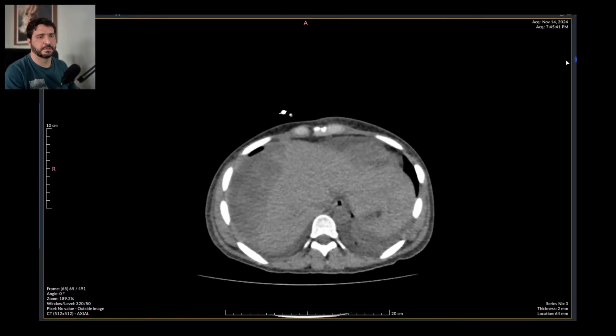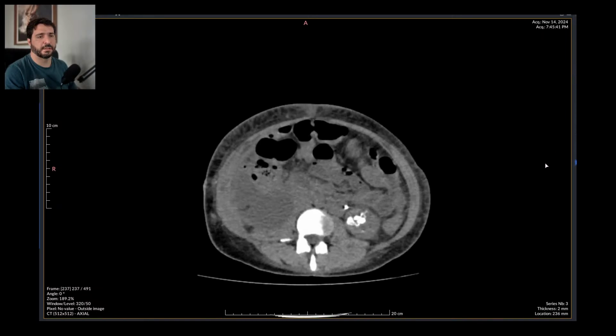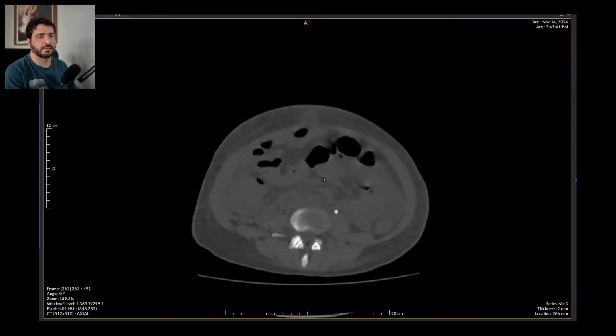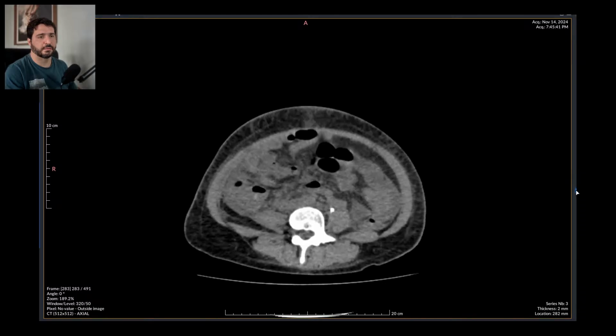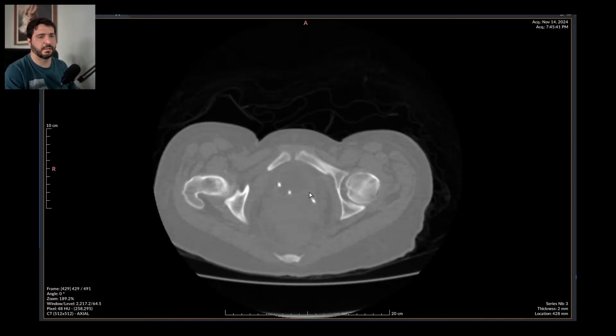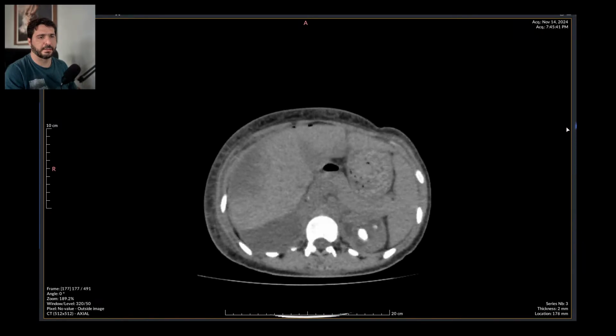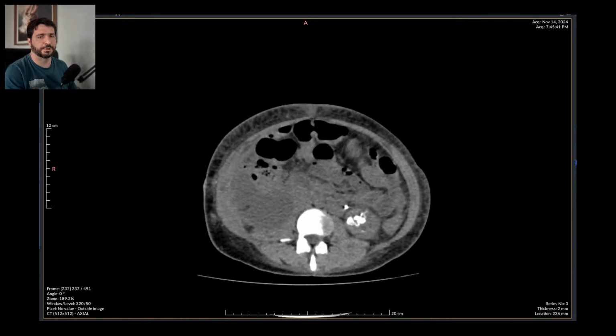So, and right there, they didn't do a contrast enhancement, a proper contrast enhancement. So there is a stent, urinary stent right there. And this is just huge.